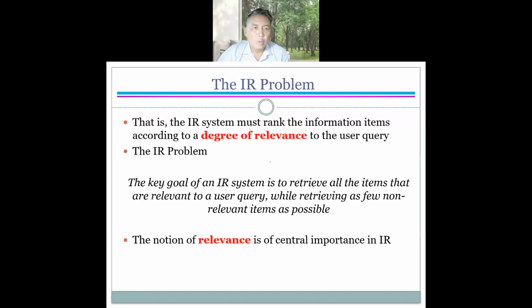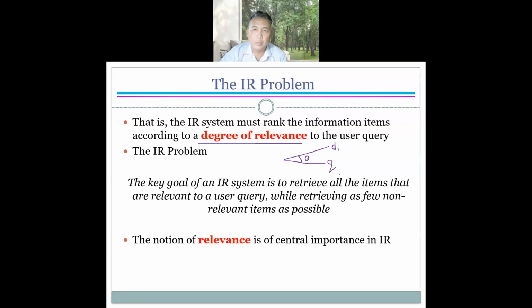We will look into how we rank the documents. Based on the degree of relevancy, we are looking at the distance between this, your query, and this, the document i. So we are looking at the distance between these two.